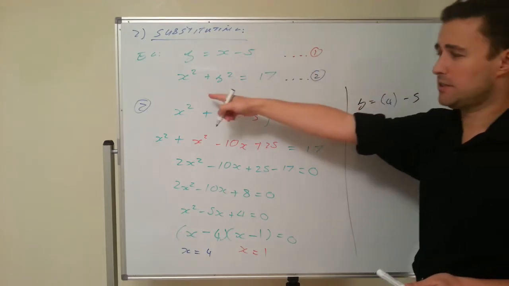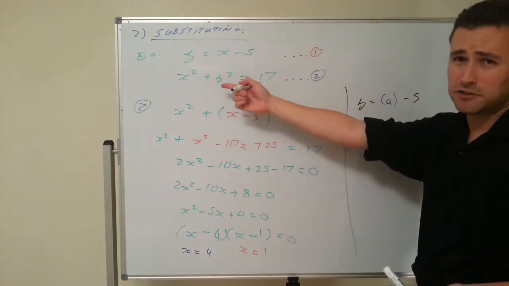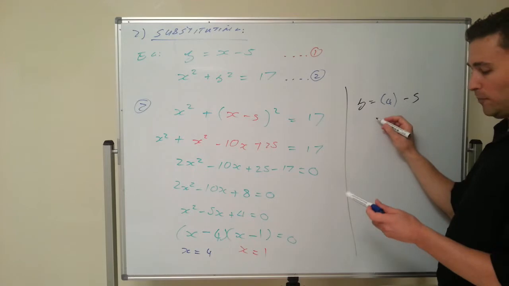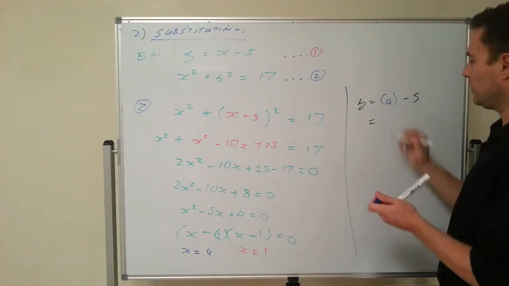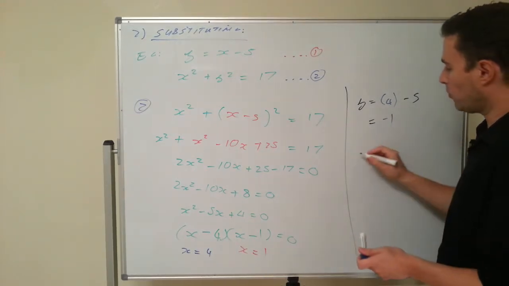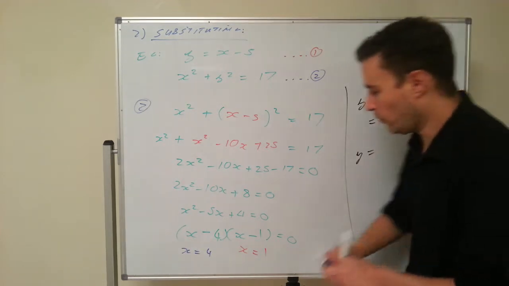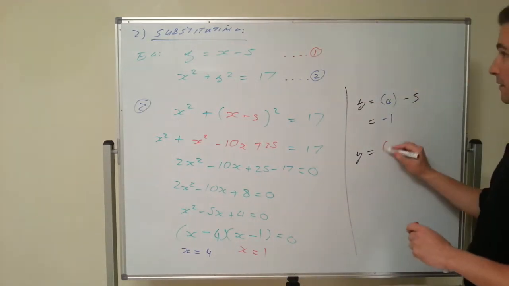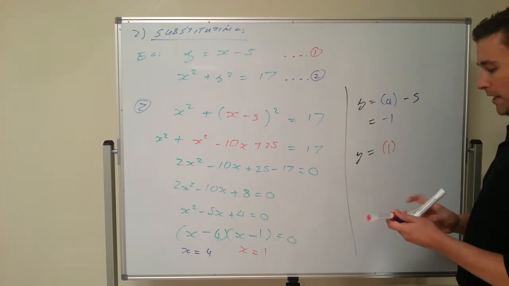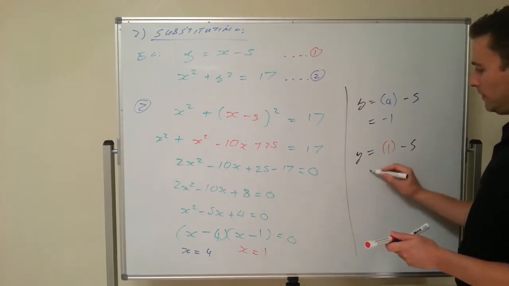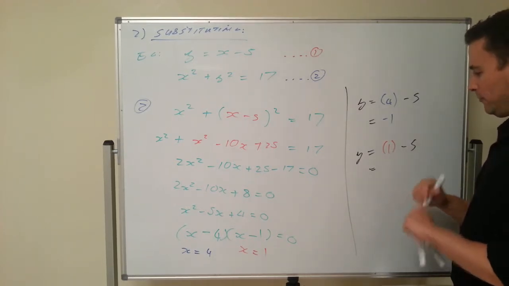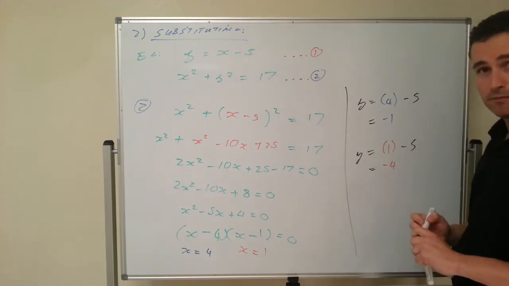Substitute into linear. Don't waste your time substituting into quadratic. Why give yourself extra work? Okay. So y equals 4 minus 5, so y equals negative 1. Or I've got y equals 1 minus 5, which gives me y equals negative 4. Are you with me? And there we are.